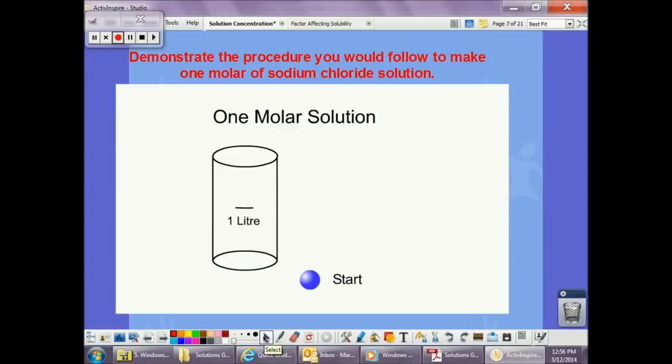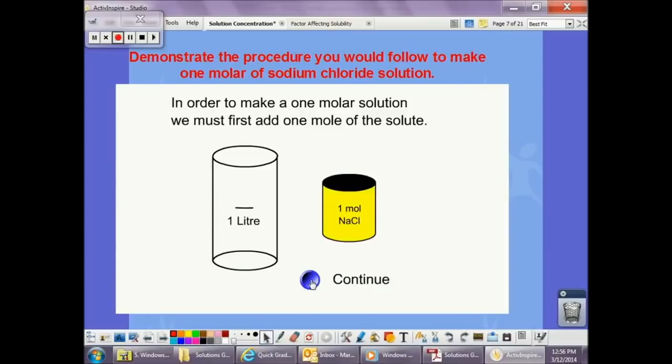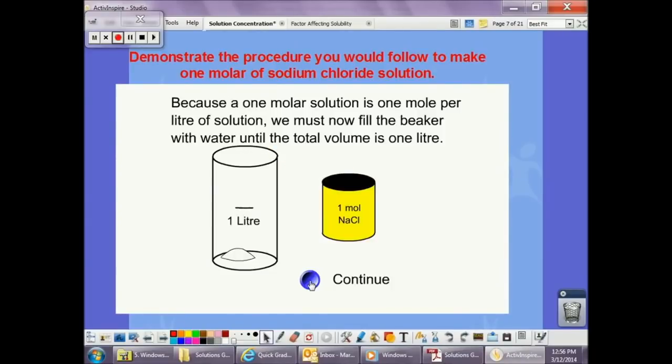Now, if you come to the lab and I ask you to make 1 molar solution, this is what you do. You measure 1 mole of your solute. In order to make a 1 molar solution, you must first add 1 mole of your solute. You add that 1 mole of your solute in what we call a volumetric flask because it is more accurate than a graduated cylinder.